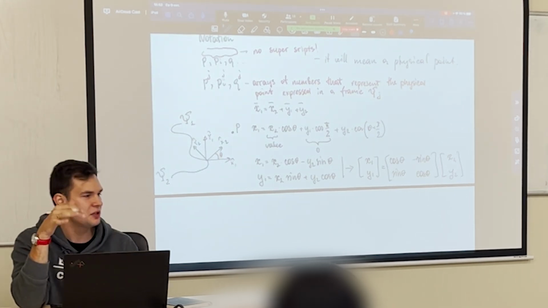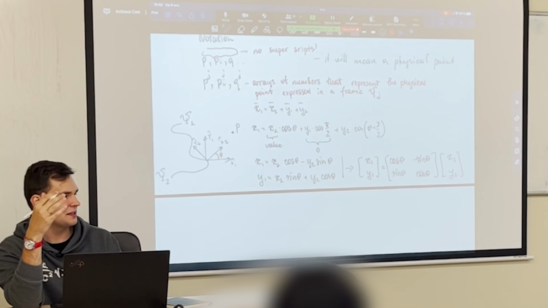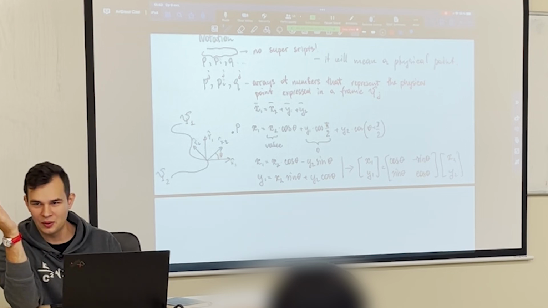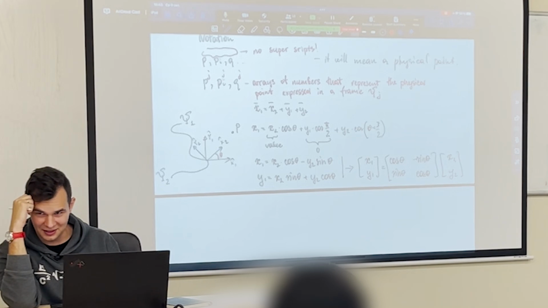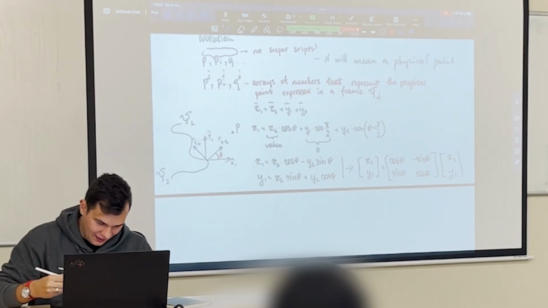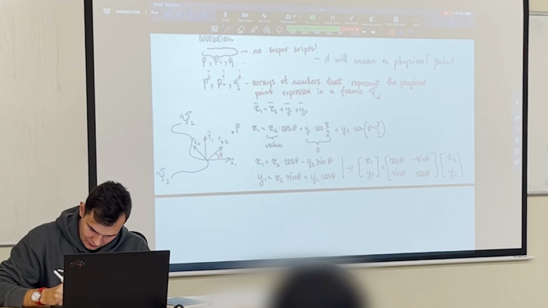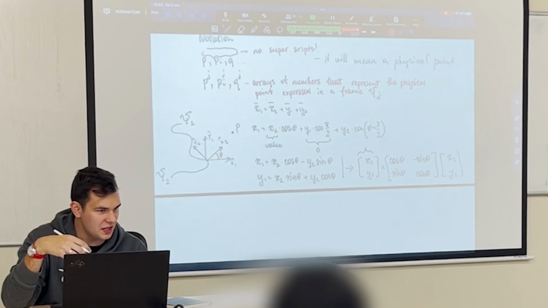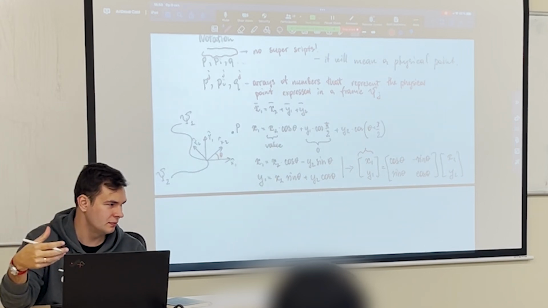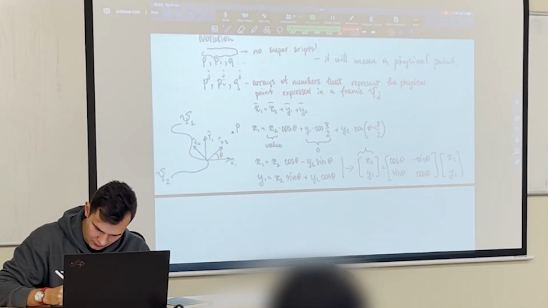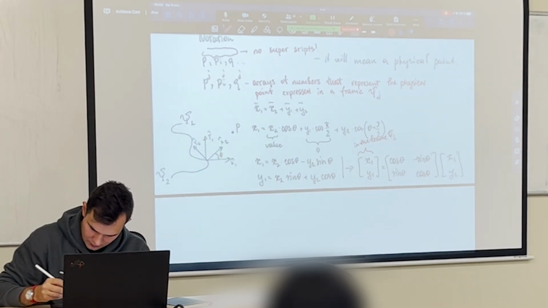So basically, P is just a physical point. It doesn't care what kind of numbers we use. It doesn't know anything about numbers. It's just something that human beings created. You see? And this is the numerical representation of a physical point in the frame C1.